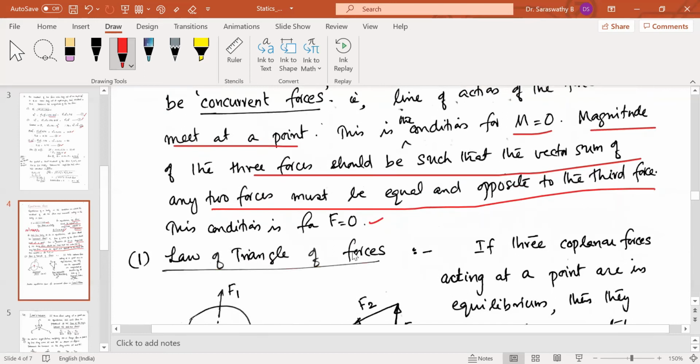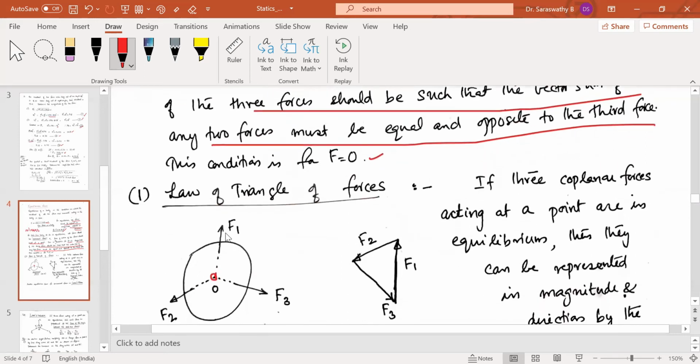That is, if there are three forces, F1 plus F2 must be equal and opposite to F3, or the magnitude of F3 should be such that it is the algebraic sum of F1 and F2, but of opposite nature. So three forces acting at a point, F1, F2, F3, can be represented by the three sides of a triangle. So there comes the law of triangular forces.